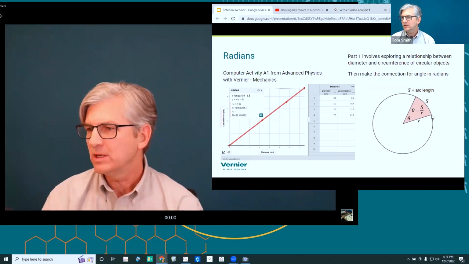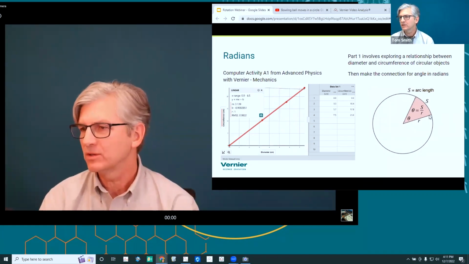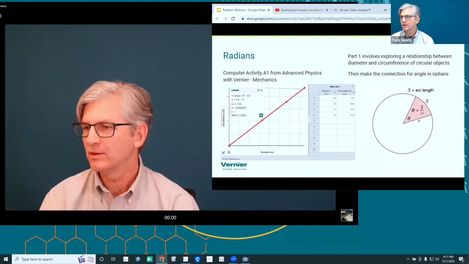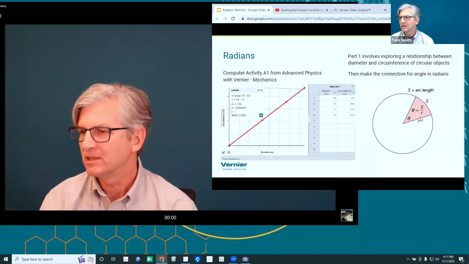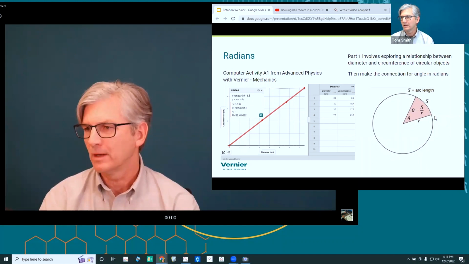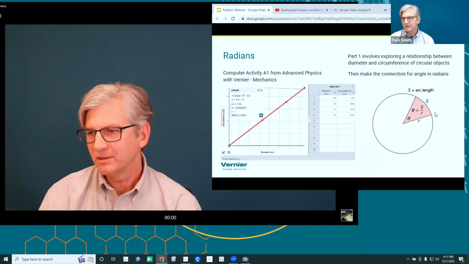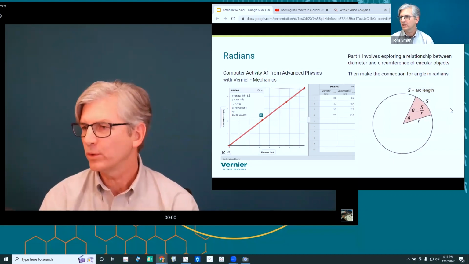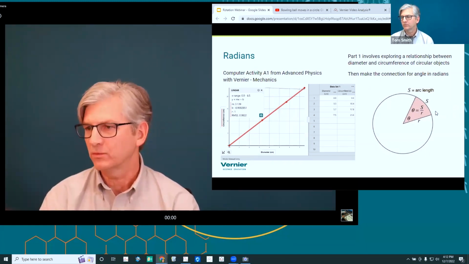If you take a shorter arc length, the ratio of the arc length to the radius can be used as an indication of the angle. And it holds true regardless of what the radius of the circle is: that ratio, arc length over radius, is going to be the same regardless.